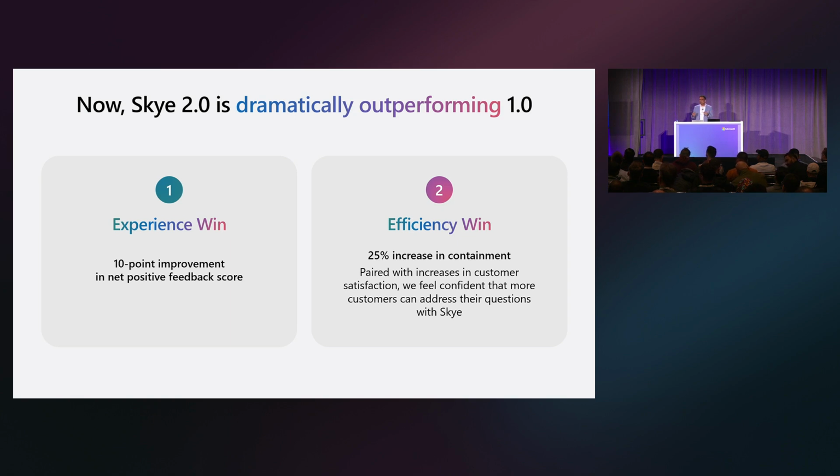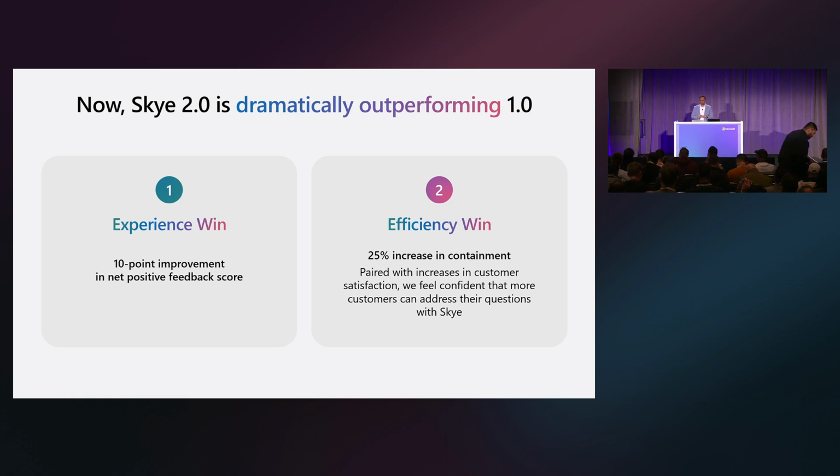Now, containment alone can be misleading, but when we look at that with experience or customer satisfaction, we feel more confident that customers are getting their questions answered through Sky without the need for escalation. And when there is a need for an escalation, Sky can seamlessly connect customers to our customer experience center for more hands-on support.